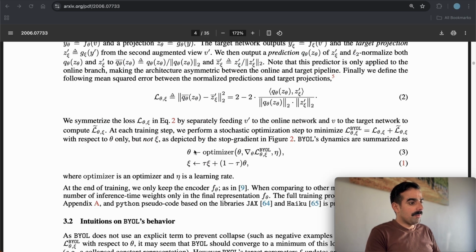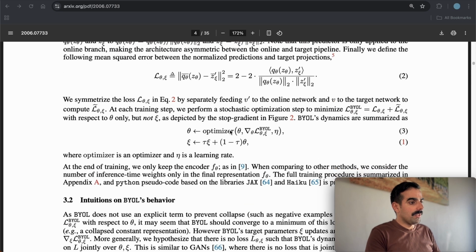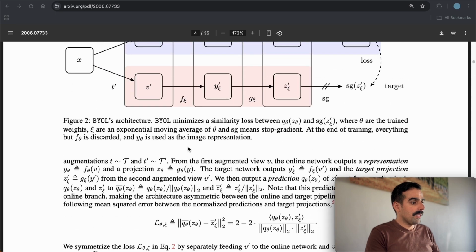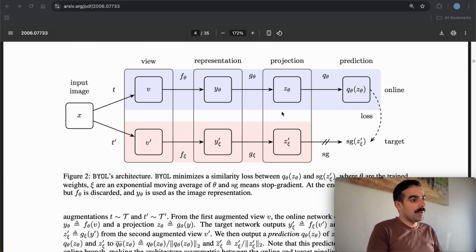So the theta parameters for this online network are updated using stochastic gradient descent, but the xi parameters, which are the parameters for the target network, are updated using the exponential moving average. This is the tau, the temperature that controls the update, and these are the theta parameters multiplied by 1 minus tau. As you can see, they are still using the projection head from SimCLR, but they added another network.